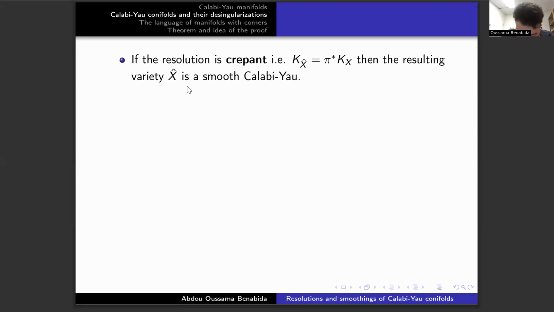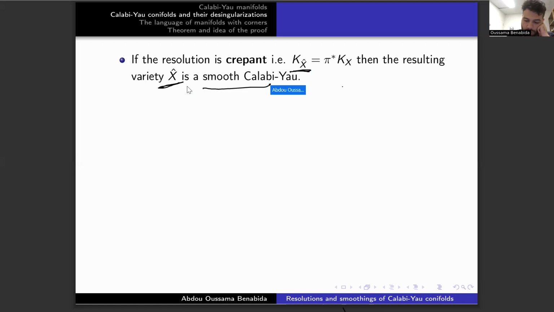If the resolution is what we call crepant, this means that the inverse image of the canonical bundle is the canonical bundle of the new variety, then the new variety itself is Calabi-Yau, because this will be trivial as well.